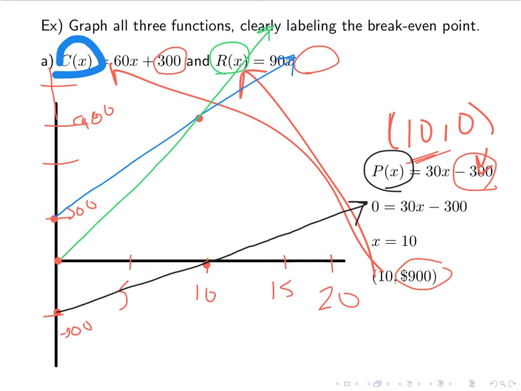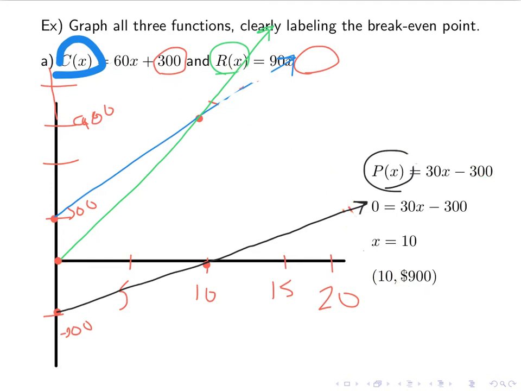The other one, the profit, is much below them because remember it's the difference between the 2 lines. So if we look at our picture, and I know I've kind of got a lot of things going on here, let me try to erase some of it. Okay. So after I've cleaned it up a little bit, everywhere where the cost function, the blue one, is above the revenue, the green, the profit is negative.